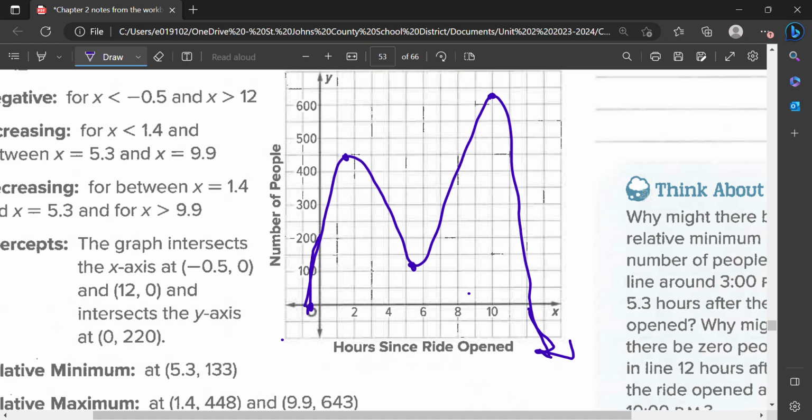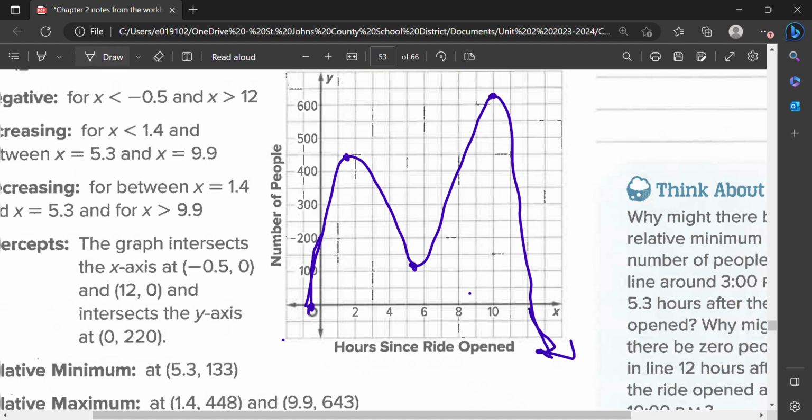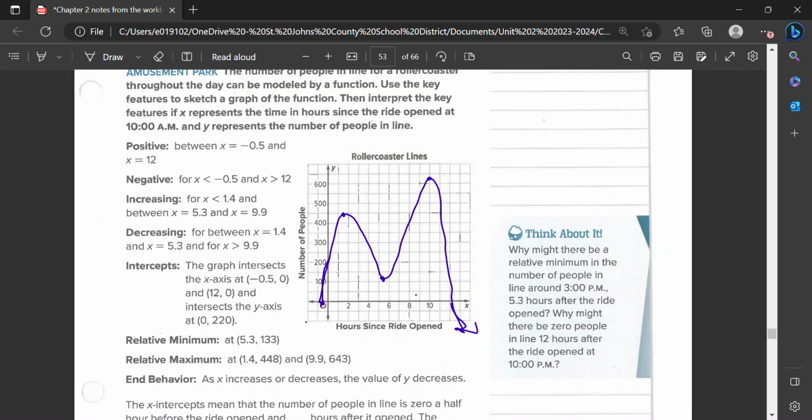That's what our graph is looking like. So our key features to know are our x-intercepts, our relative mins and maxes, and then the points at which we are increasing and decreasing. When we're positive and negative, that's crucial to know.